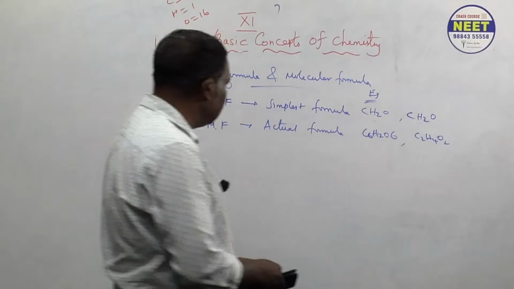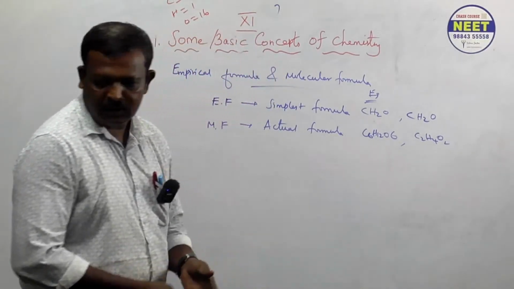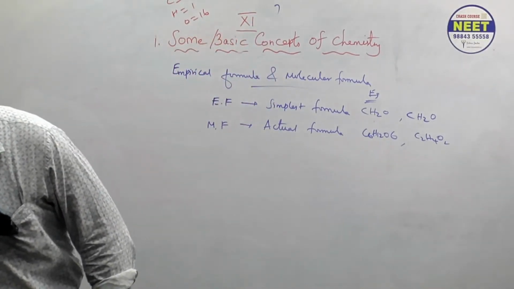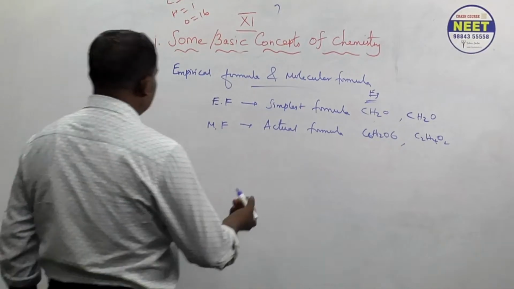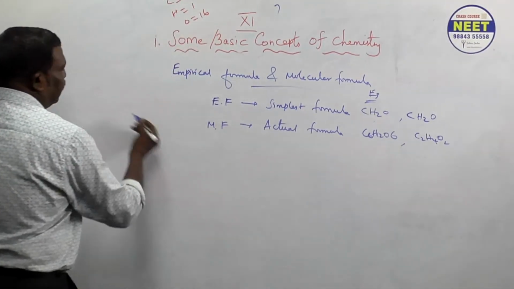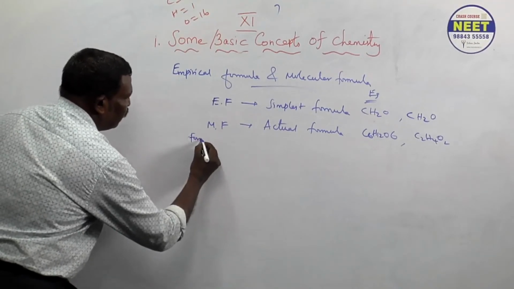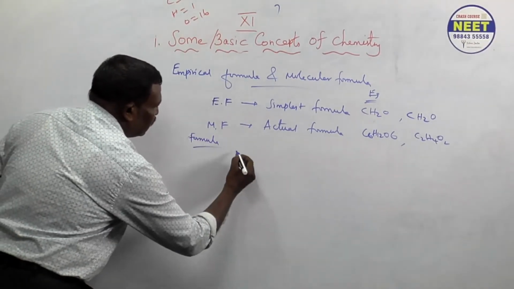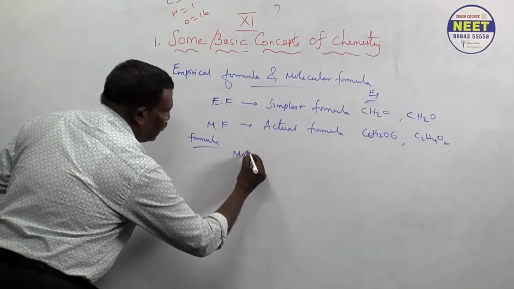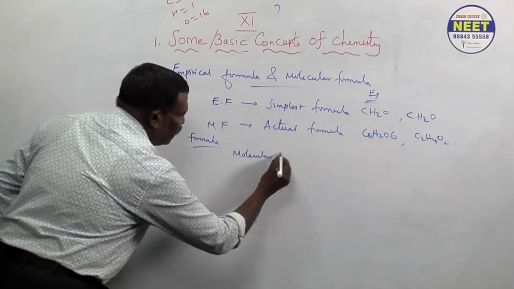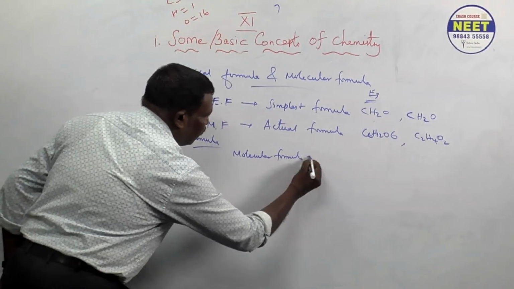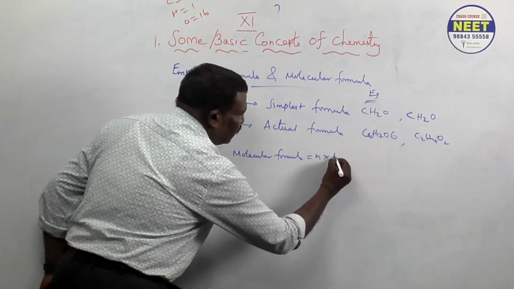I'll give you one sum. Then you write the formulas. Mostly, just note down what the formulas are. Molecular formula is equal to N into empirical formula.